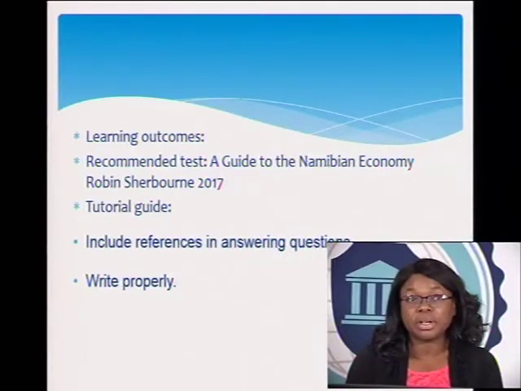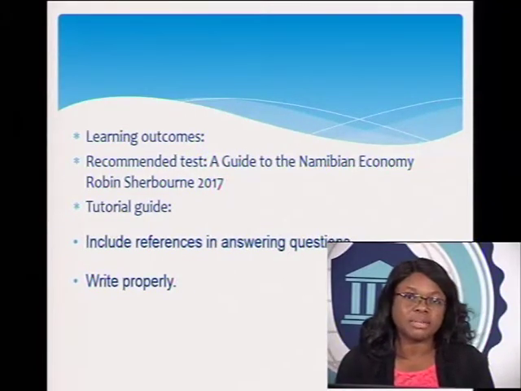If you don't get the book, you can also resort to the library, looking at books on macroeconomics to help you with some concepts, and basically more reading of the newspapers and some internet sources as well. This would guide you through the course outline.